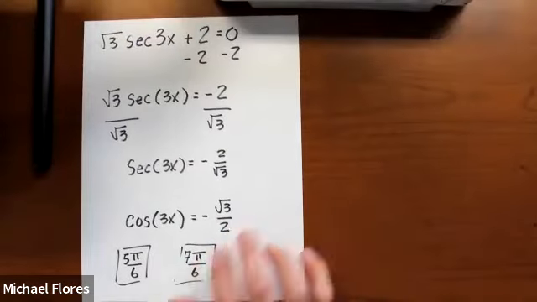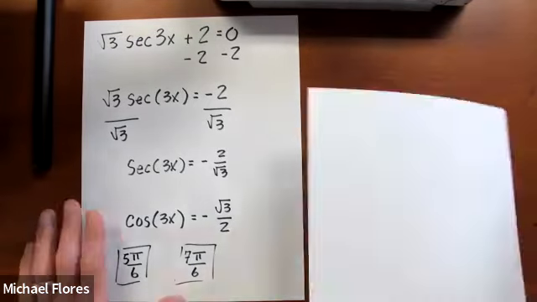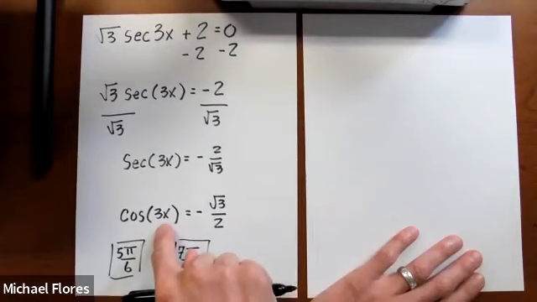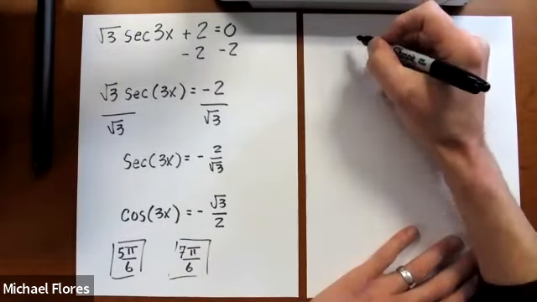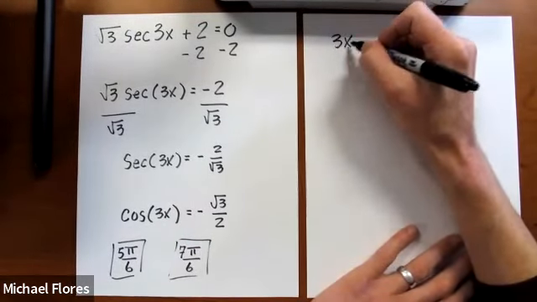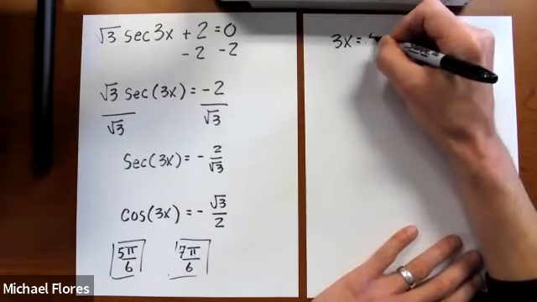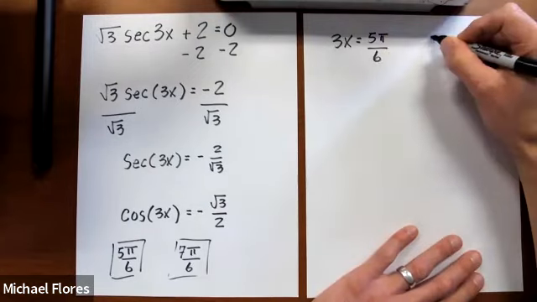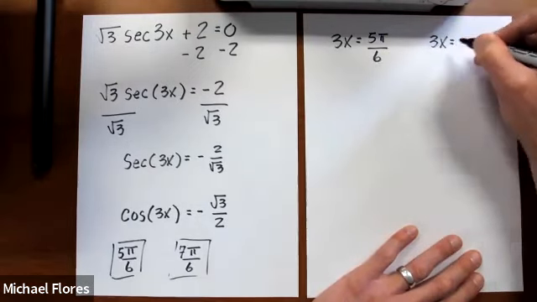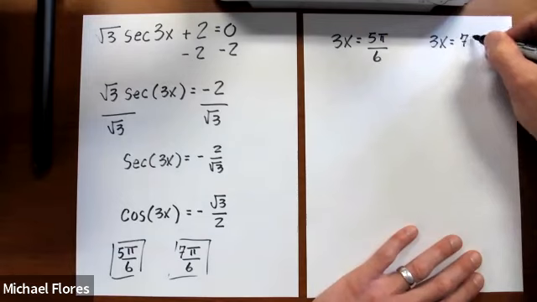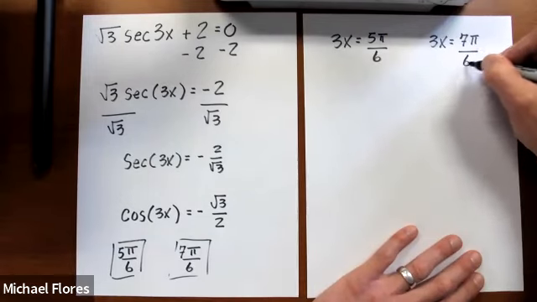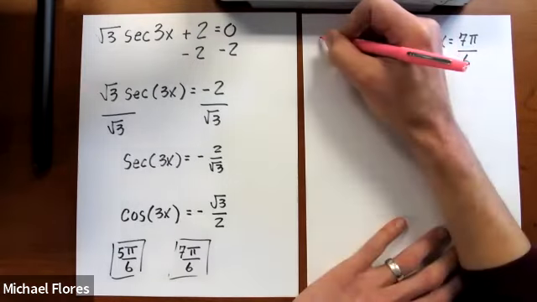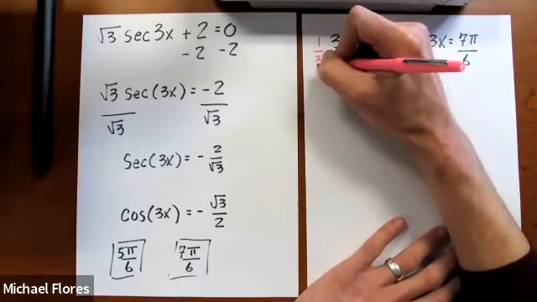I'm running out of room, so let me get another sheet of paper. Take your answers and now set them equal to what's inside the parentheses. We can solve for x by multiplying both sides by the reciprocal.